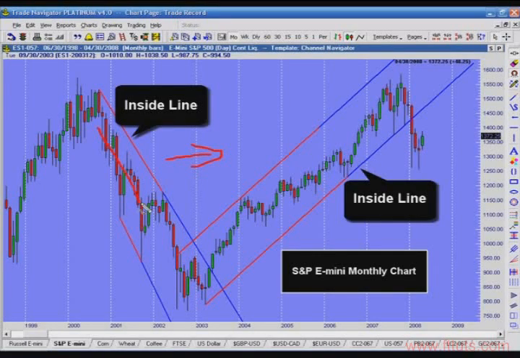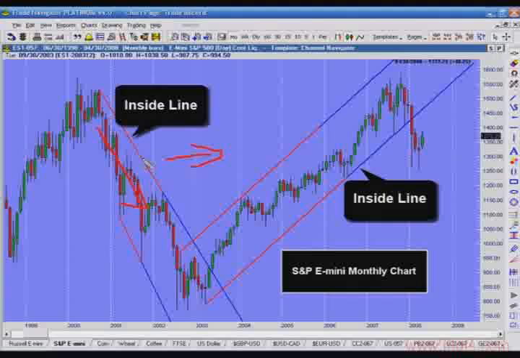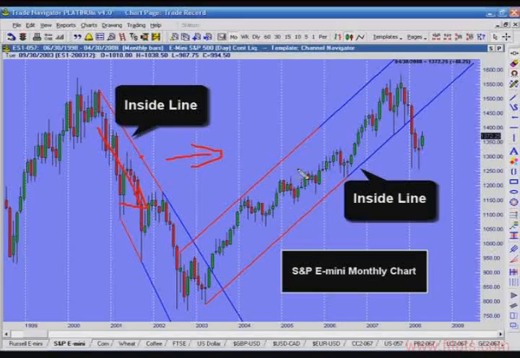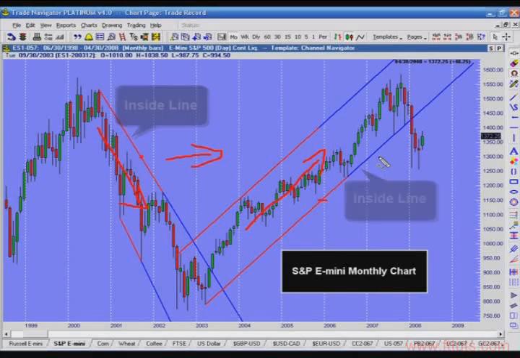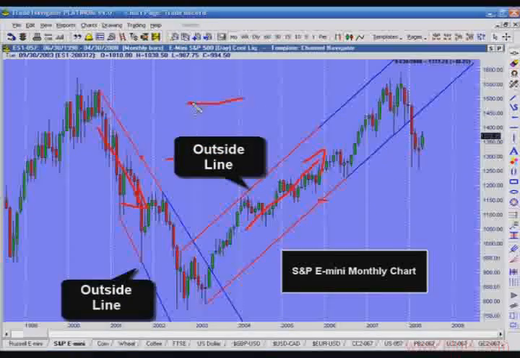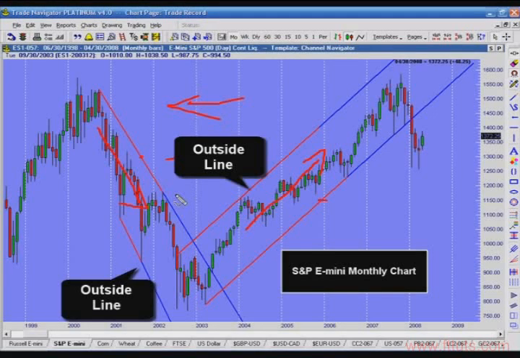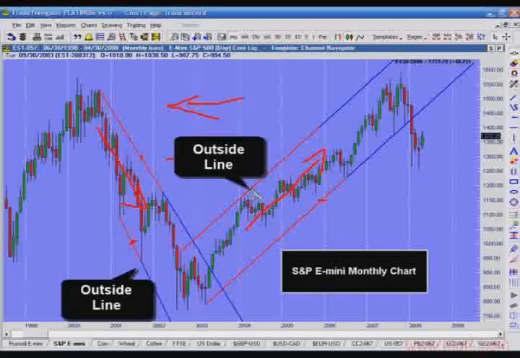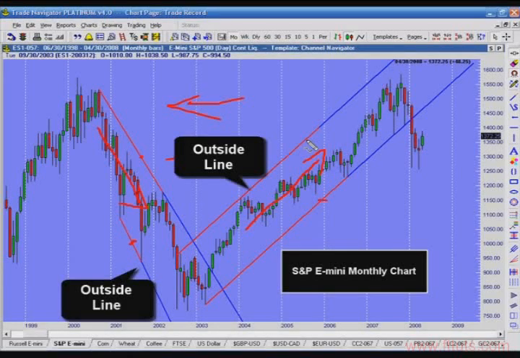In the downward trend, as we see here, this would be the upper line. But in the uptrend, the inside line that's closest to the future data is the lower line, so they reverse roles. The outside line is the line closest to the past data, meaning that in the downward trend, it is the lower line. But in an uptrend, it is the upper line.